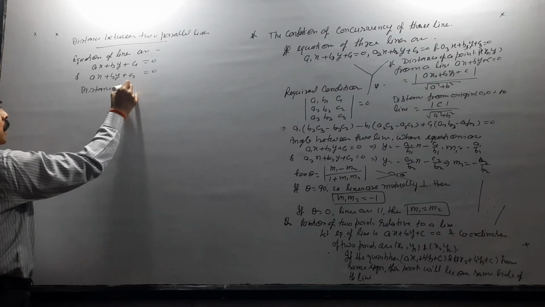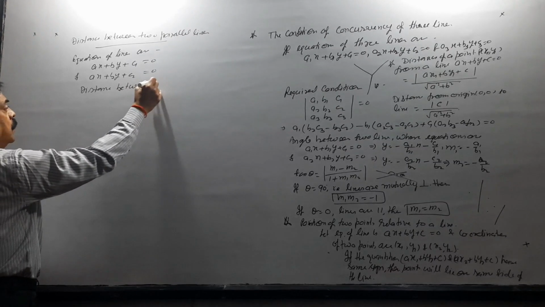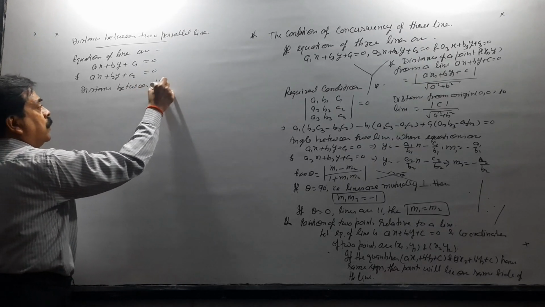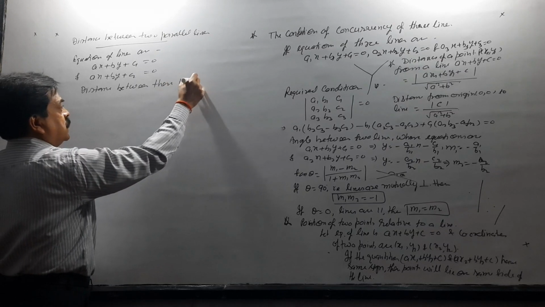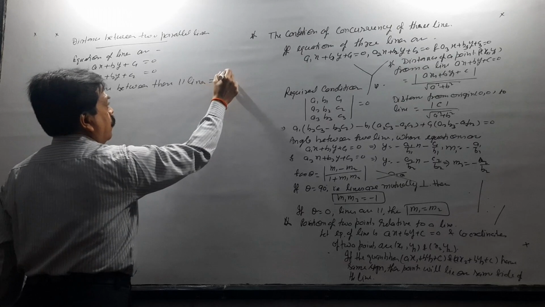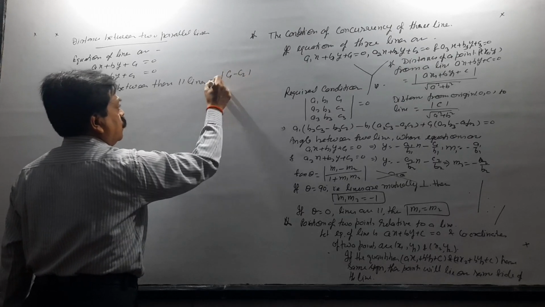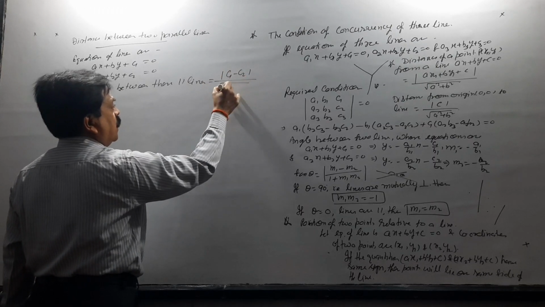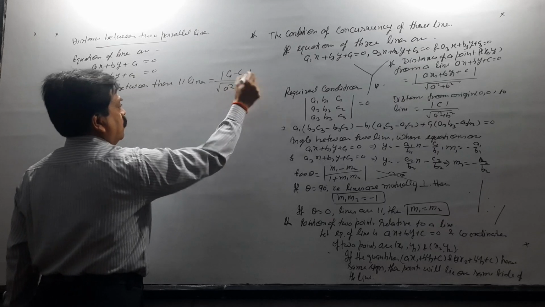The distance between these parallel lines is equal to mod of c1 minus c2 upon root a square plus b square.